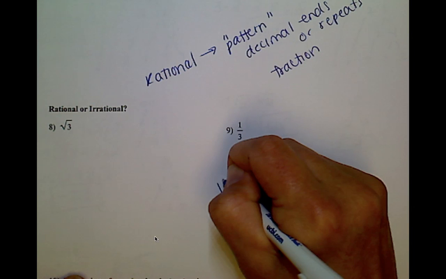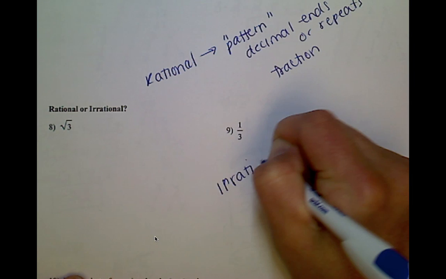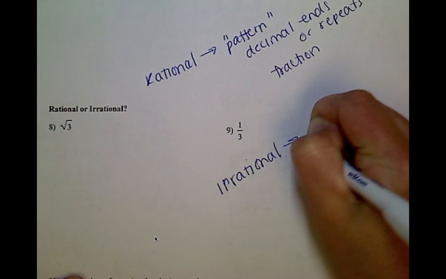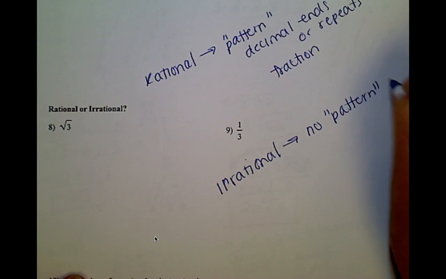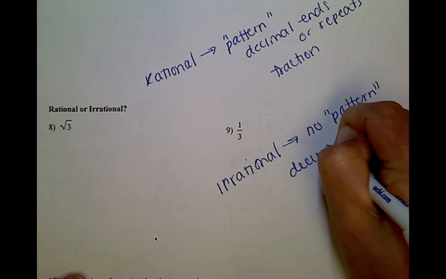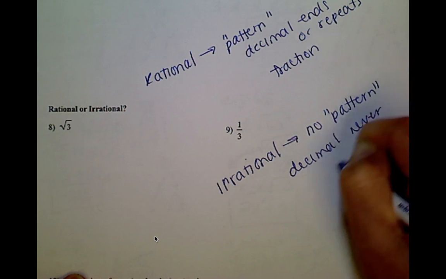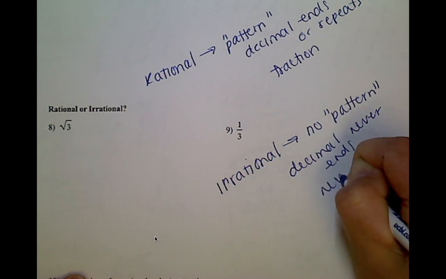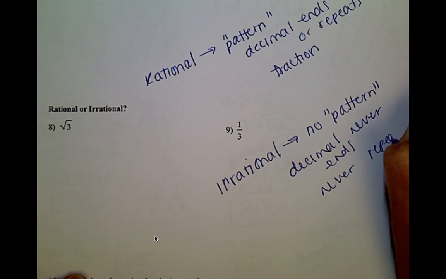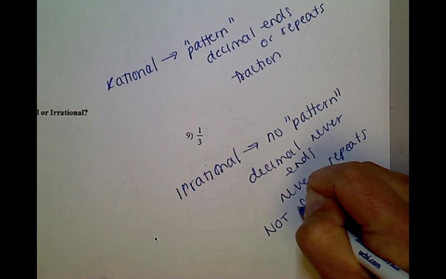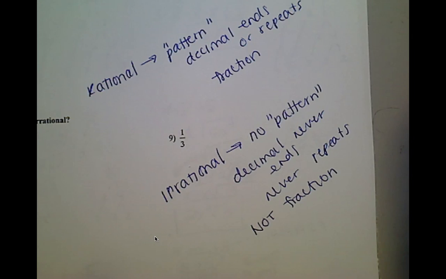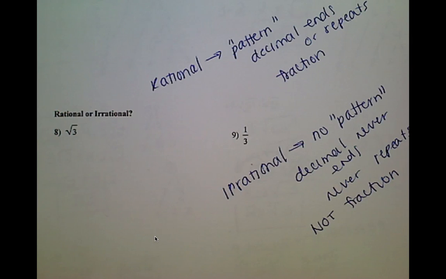So irrational will be the opposite. No pattern. Okay, decimal never ends, never repeats, and not a fraction. So if you have that, that should help you out with a lot of this stuff right here.